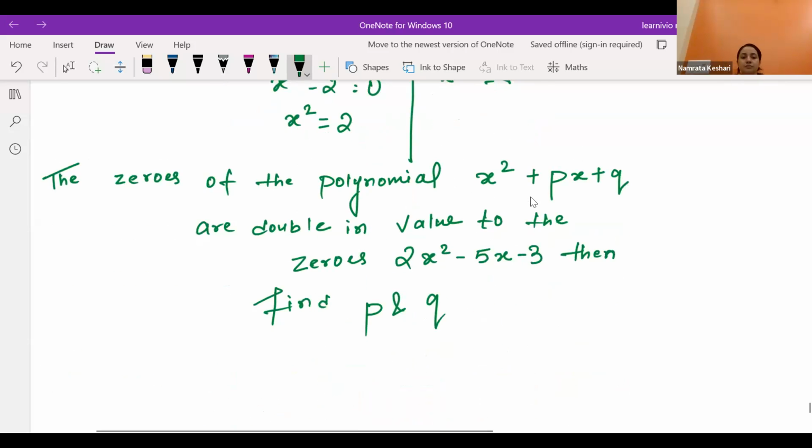Next one. Ma'am, the values of p and q are 5 and minus 6.